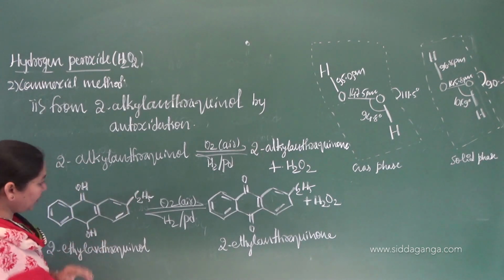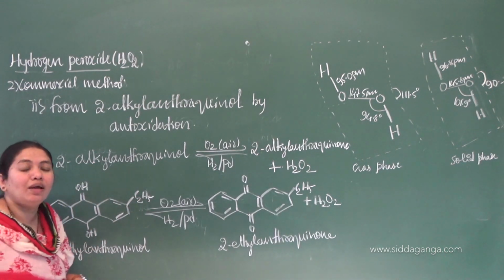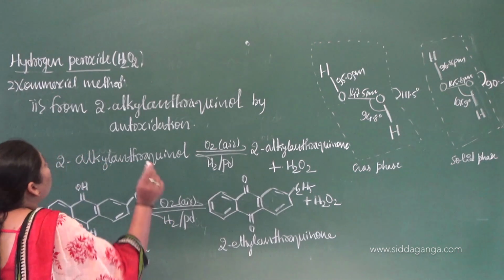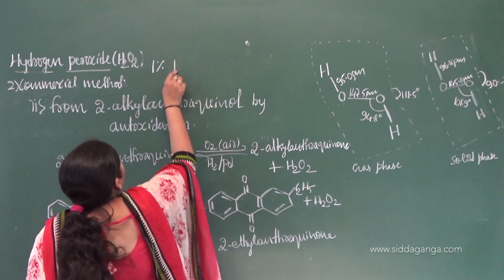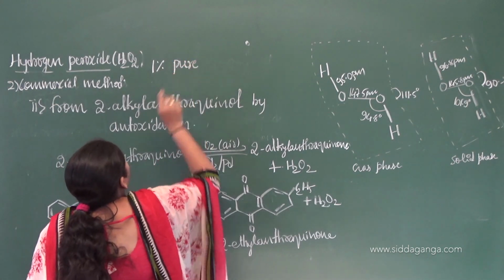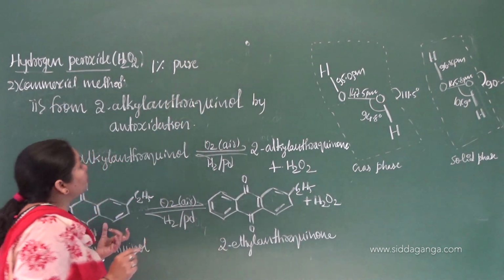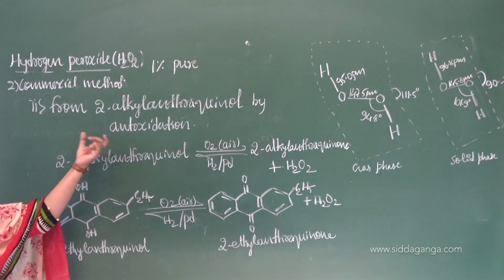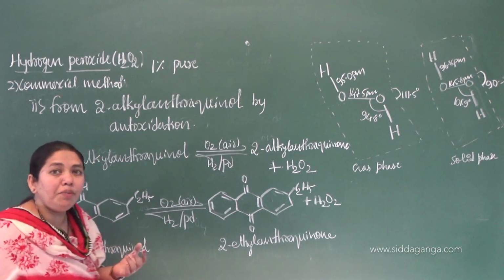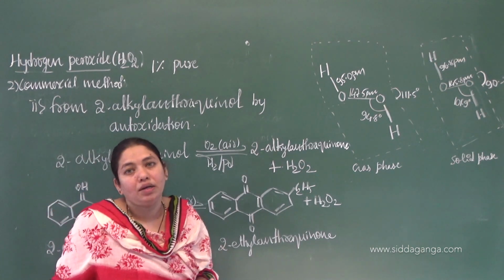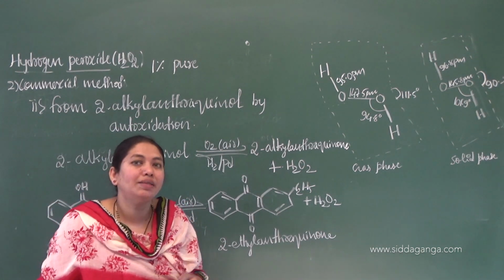From this method, the hydrogen peroxide obtained is just 1% pure. How much percent pure is it? 1% pure hydrogen peroxide you are going to get from this auto-oxidation of 2-alkyl anthraquinol. So what about the remaining 99%? That is water or other impurities.